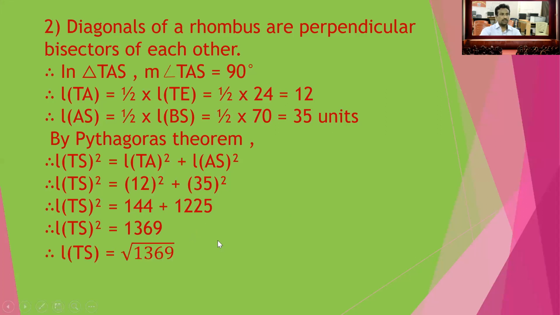Taking square roots on both sides, length TS is equal to the square root of 1369, and the square root of 1369 is 37. Therefore, length TS is equal to 37 units. By the Pythagoras theorem we can find length TS like this. Okay, got it?